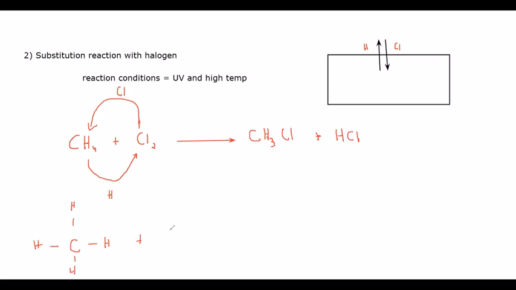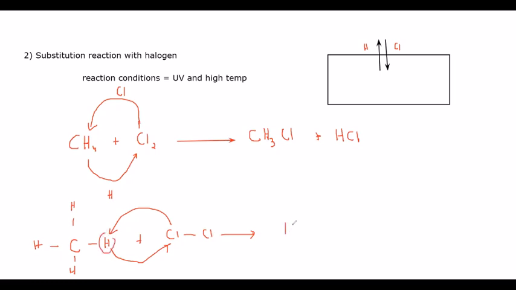And chlorine belongs to group 7, so it can form a single bond. So as one chlorine takes the position of hydrogen, the hydrogen must leave because carbon cannot form 5 bonds, so one bond should break. So hydrogen is replaced by the chlorine.